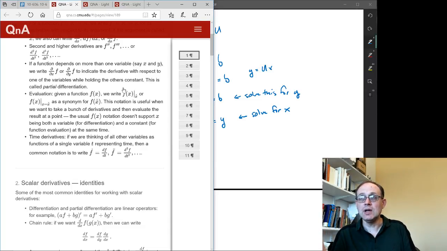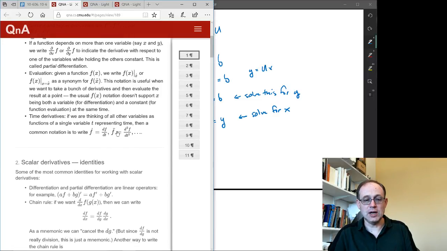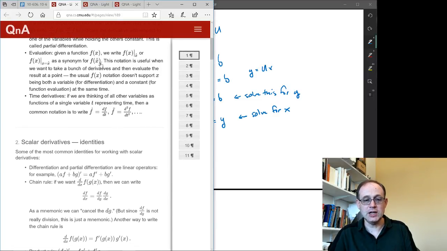When we get to matrix valued expressions, the number of permutations becomes rather large, and so it's good to keep firmly in your head which variables are being treated as which expressions, which symbols refer to constants, and which symbols refer to things that we're varying. It's also helpful to have a notation for evaluation.